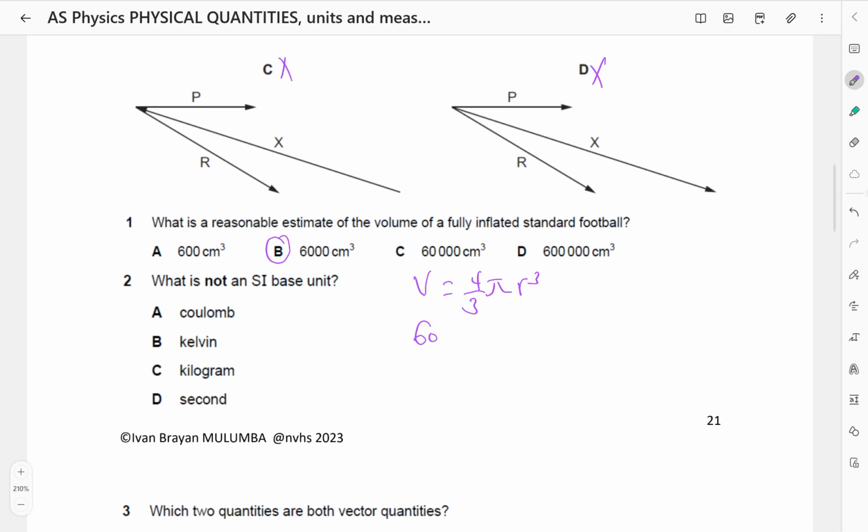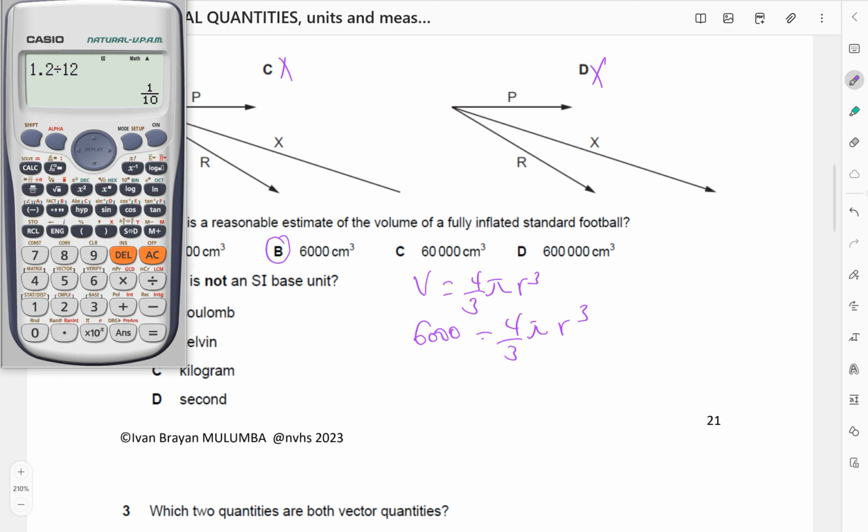So if B is 600,000 centimeters cubed, it will be 4 over 3 pi times r cubed. I'm finding r in centimeters. So this would be 3 times 600,000 divided by 4 pi. Then I get the cube root.